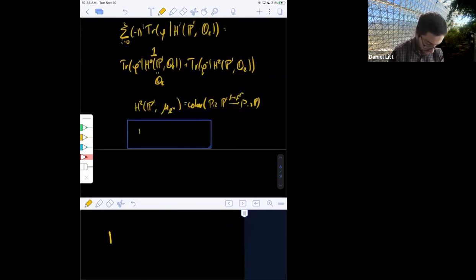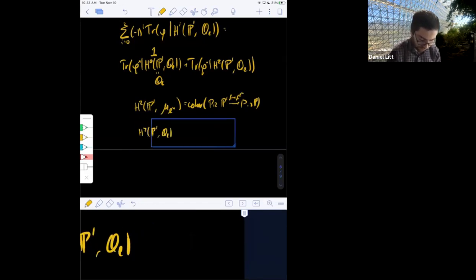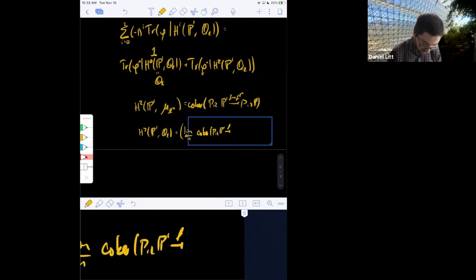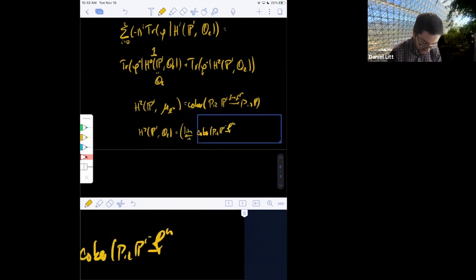So that tells us that H2 of P1, Q_l, after you choose an isomorphism between Q_l and Q_l(1), is just the inverse limit over n of these cokernels, where the map is multiplication by l^n, tensored with Q_l.